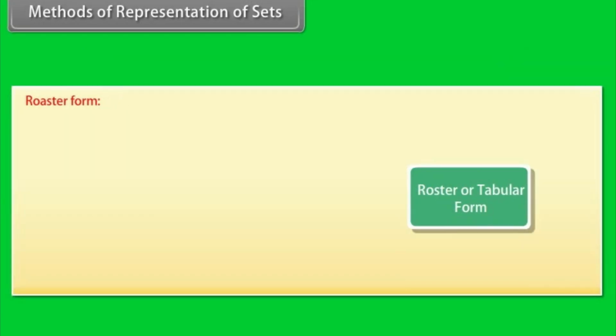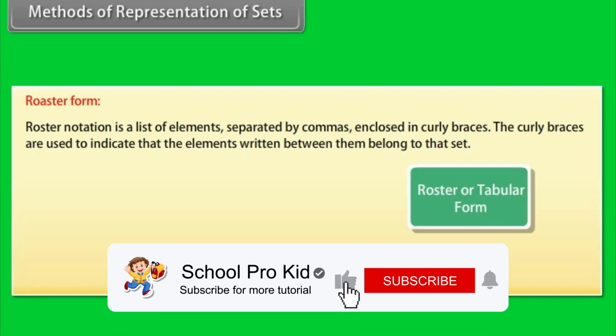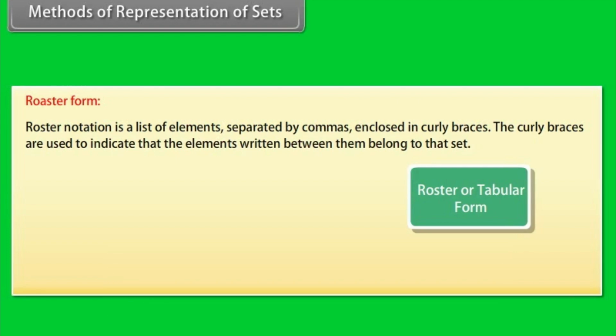Roster form. Roster notation is a list of elements separated by commas enclosed in curly braces. The curly braces are used to indicate that the elements written between them belong to that set. Let's look at some examples of sets listed with roster notation. R = {a, e, i, o, u}.